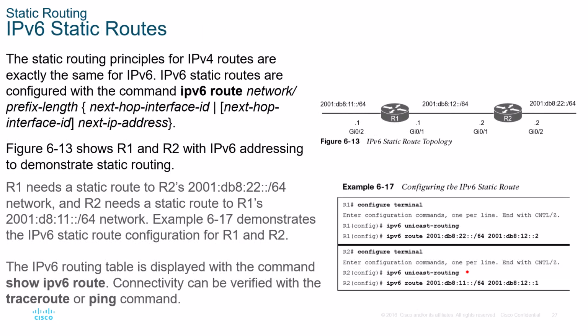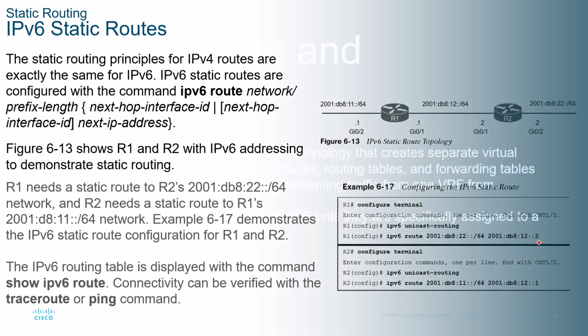Then we have other addresses like our IPv6 static routes, similar to our IPv4 static routes, except here we're doing our IPv6, turning on IPv6 routing, and then we're using the same general structure. ipv6 route, destination subnet, and our egress point. That's how we set up those static routes.